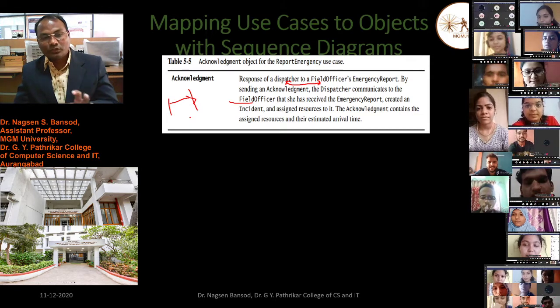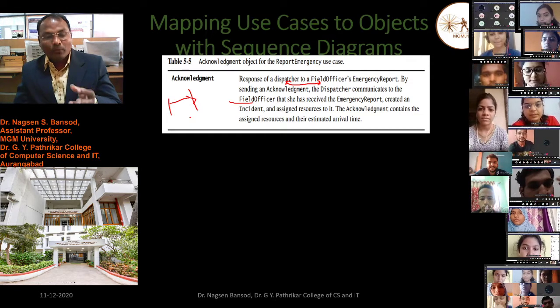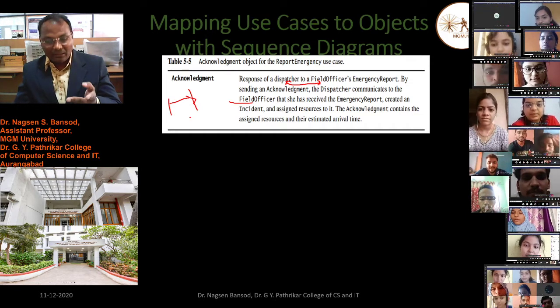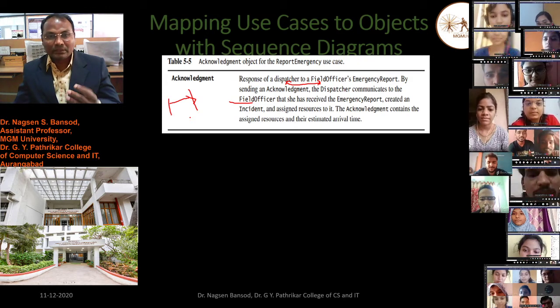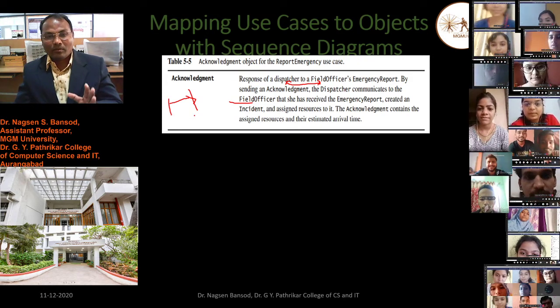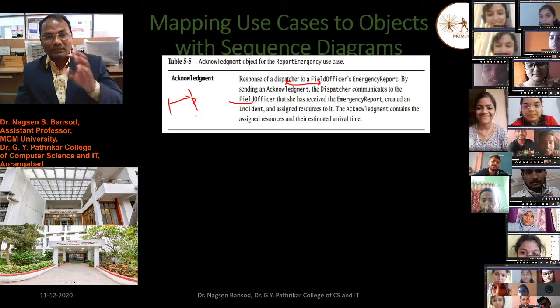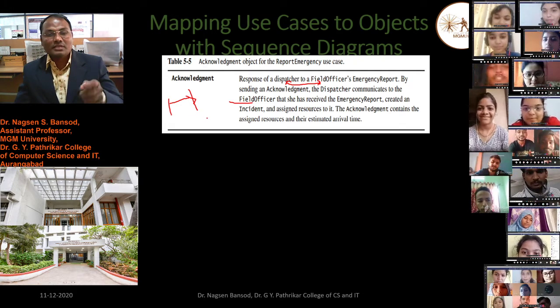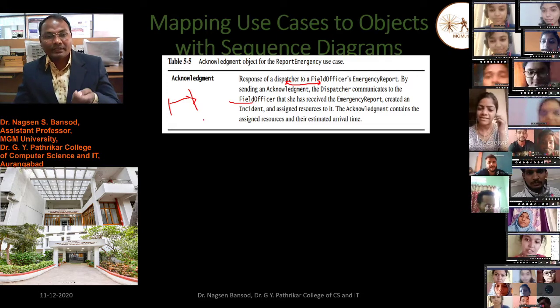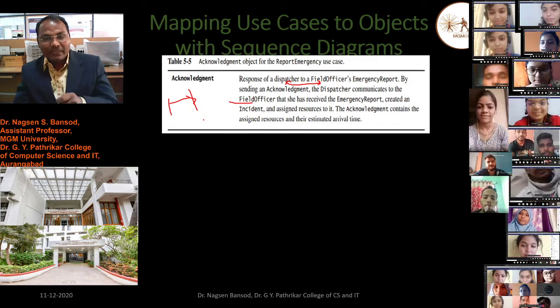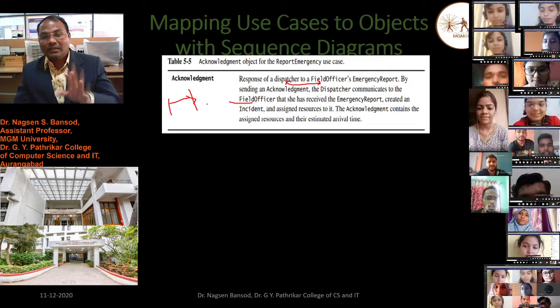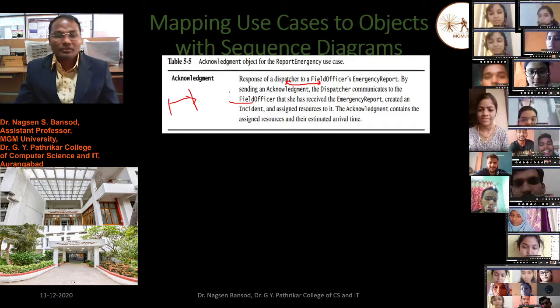What are the resources? Like an ambulance, police van, crane machine, or fire tank. These are the resources that will be sent by the dispatcher, which is written in the acknowledgement use case.